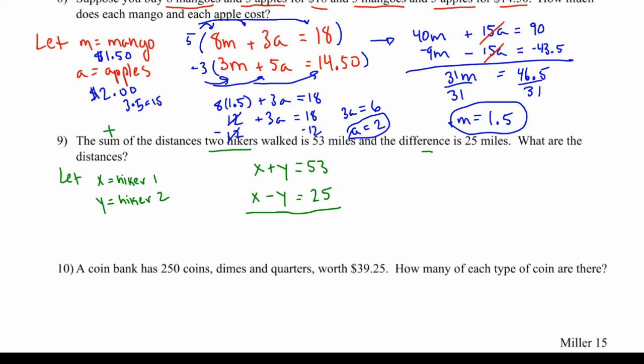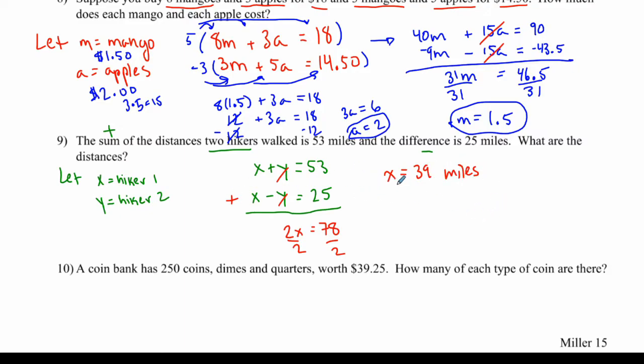I think elimination will be easy here because if we add both of these together, the y's are going to cancel. So we add them up, we get 2x equals 53 plus 25. That's 78. Okay, divide both sides by 2. So hiker 1 hiked 39 miles.